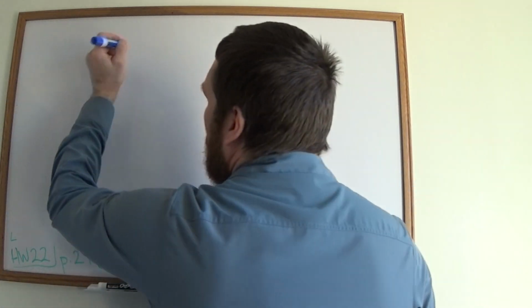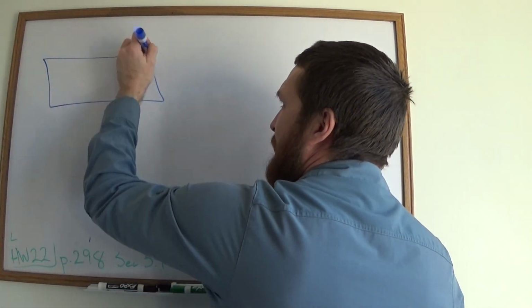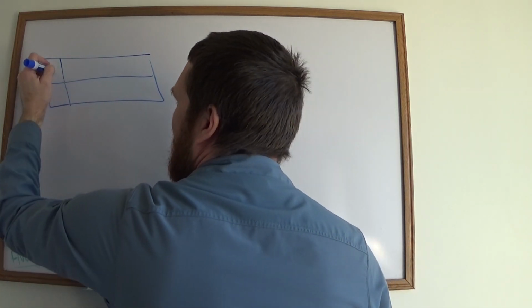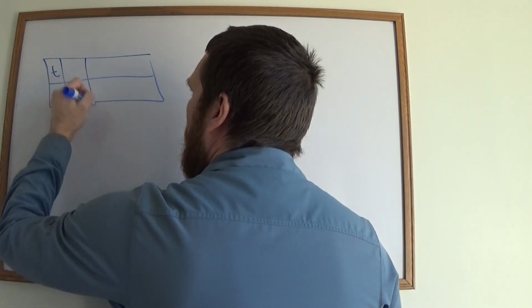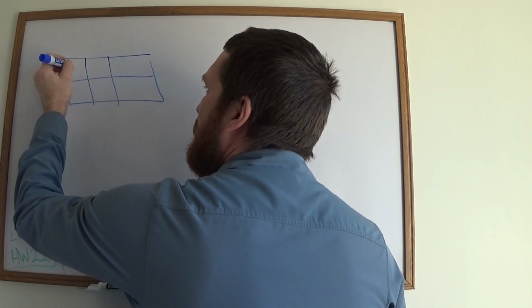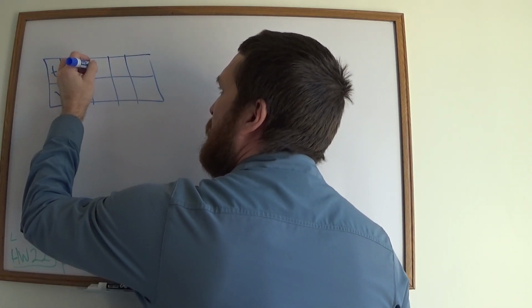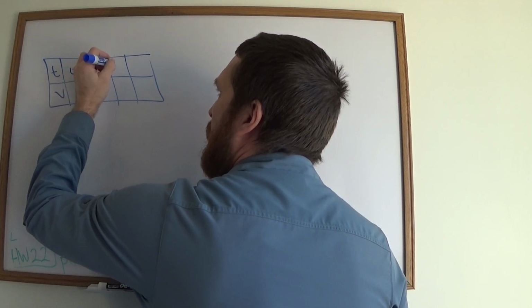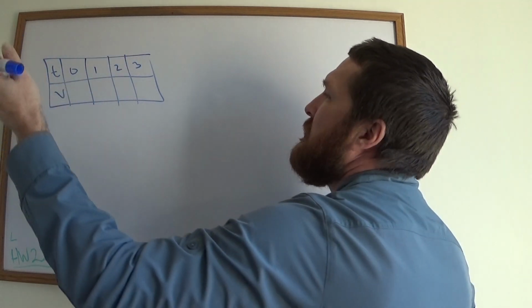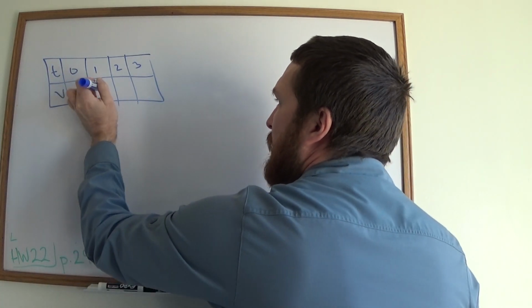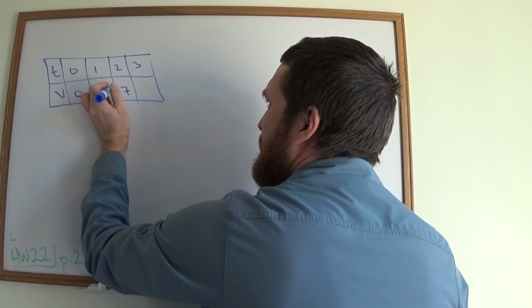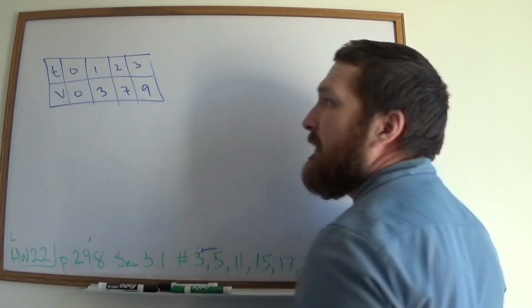If you're given a table in your homework, say, and let's say that table is time versus velocity, and your time starts at 0 and goes 1, 2, 3 seconds or whatever, and your velocity is like 0, and how about 3, and how about 7, and how about 9?